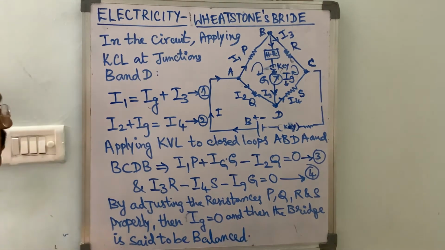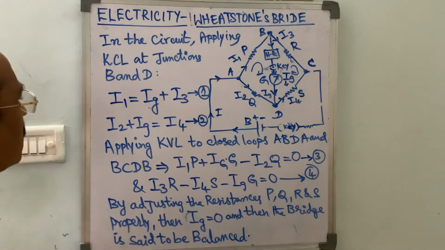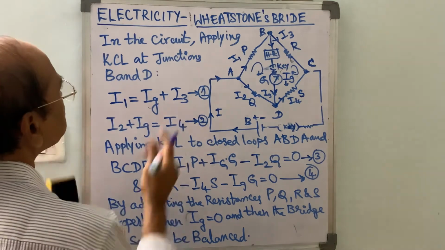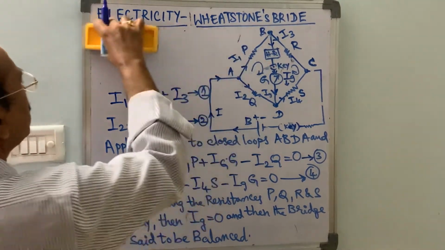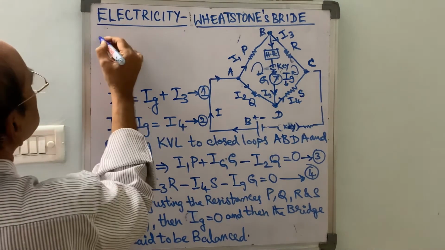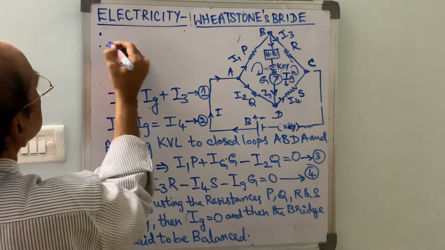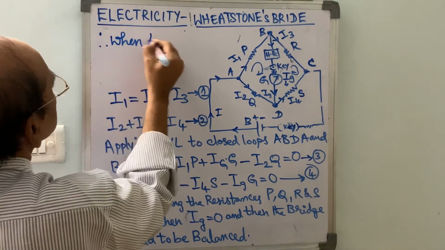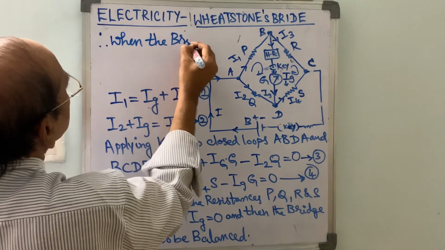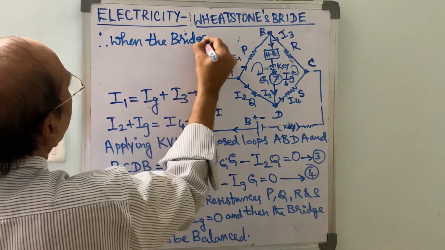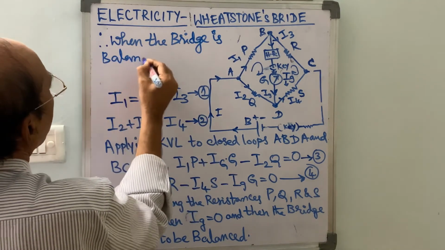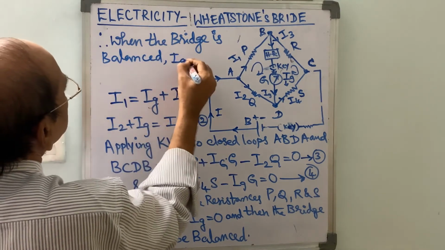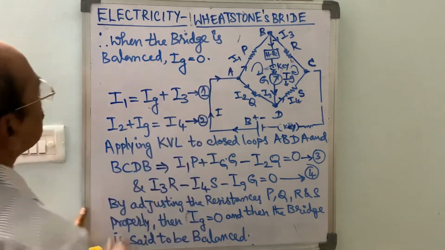So when the bridge is balanced, Ig equal to 0.